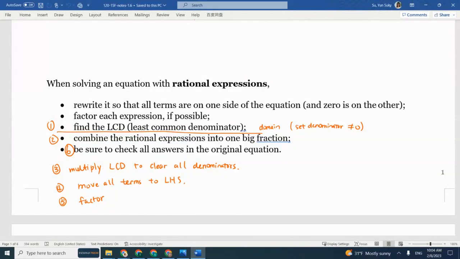Then we combine the rational expressions so all the terms have the least common denominator, and we multiply by the least common denominator to clear all the denominators. We get a polynomial equation, right? Then how do we solve polynomial equations? Move all terms to one side and factor. And finally, because the domain is not all real numbers, we have to check that our answers are in the domain. Okay, everybody?